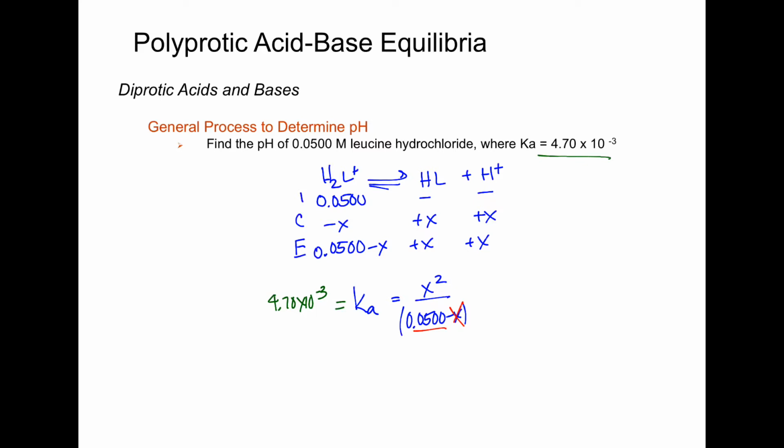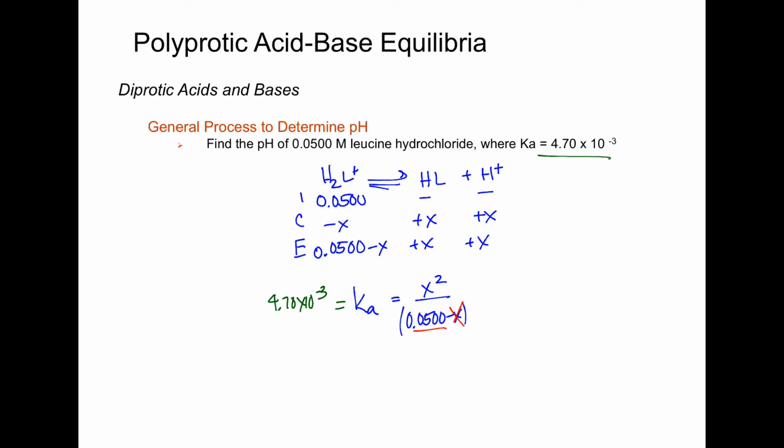To make that judgment, we would take the Ka, and if it times 1,000 is still less than 0.05, which is the initial concentration, we could say that plus x or minus x is insignificant there. But that's not going to happen for us in this case. We're going to get really close to that 0.05, so I don't think that's a good assumption to make there. So we're going to have to use the quadratic.